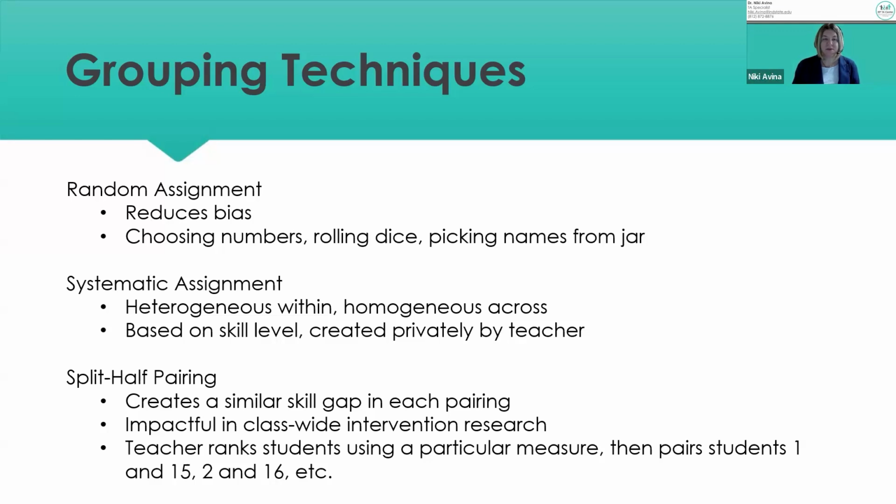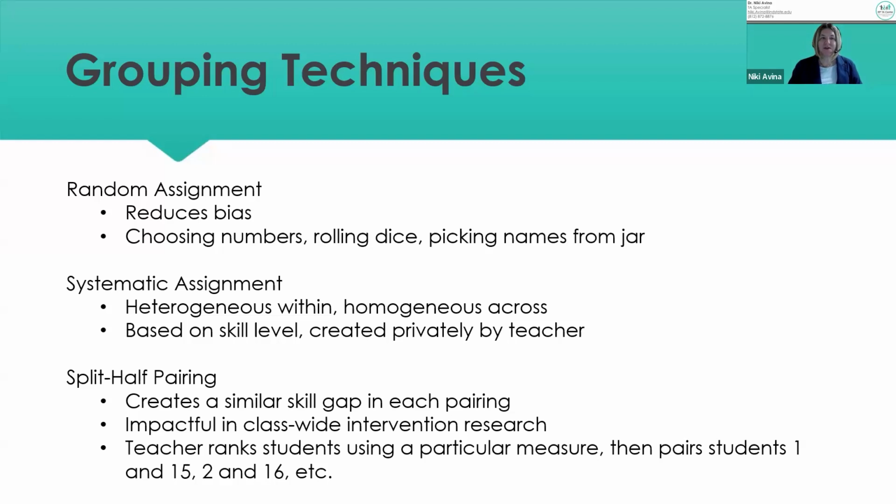This could align with some of those MTSS practices that you may be familiar with, where you identify a skill where the student is weak, and then we pair them for small group instruction to meet that particular skill. That systematic assignment is going to be beneficial for students because they're getting exactly what they need during that flex time or WIN time, or whatever time you call it in your classroom.